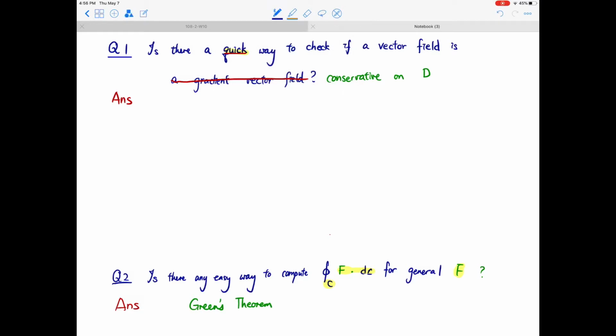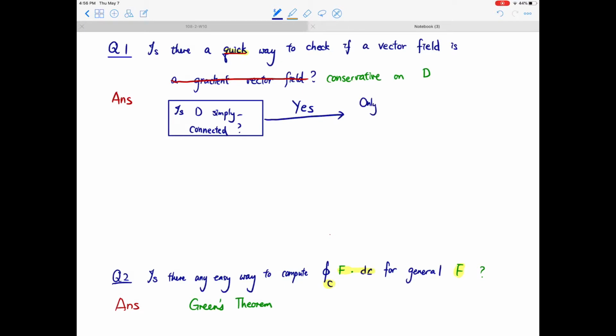Then, as we discussed earlier, that really depends on the shape of D. In particular, the first question that you should ask is, is D simply connected? So in other words, whether D has any hole. So for example, if D is simply connected, then, well, your life is very easy.